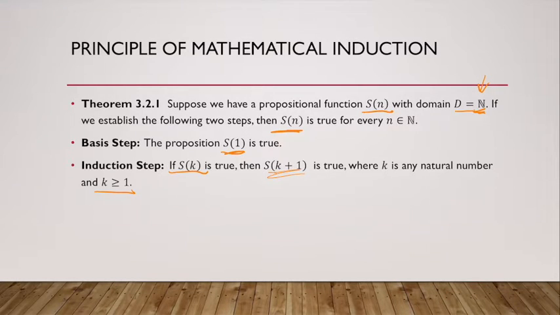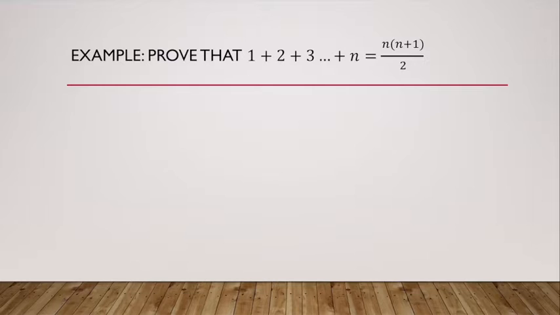So let's go through our first example. I want to prove that 1 plus 2 plus 3 plus ... all the way on to n equals n times n plus 1 over 2. So let's go ahead and check our S of 1 case.